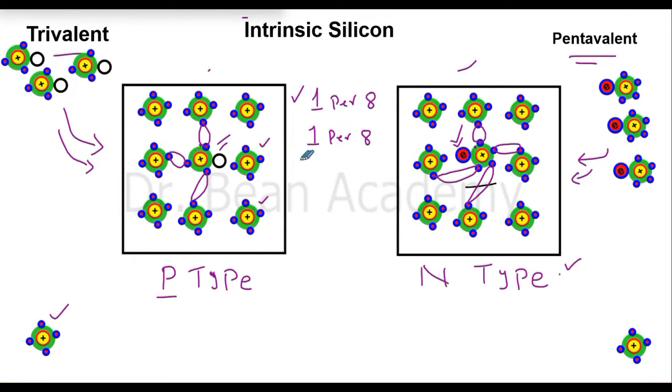If I go in any dimension, then after another 8 silicon atoms, I will replace one silicon atom with trivalent. Then after passing another 8 silicon atoms, I will replace one more silicon atom with a trivalent atom.